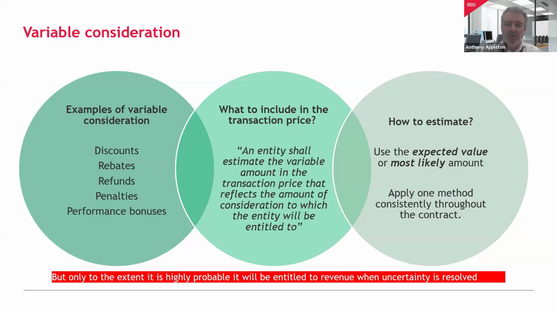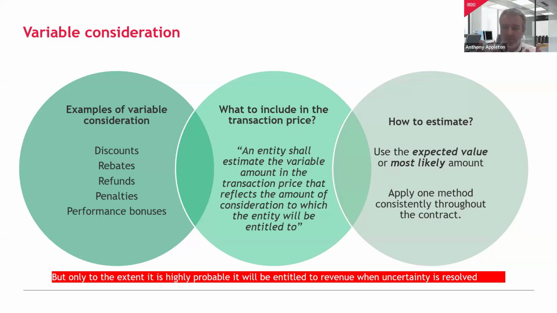And so what do we include in there? You estimate the amount in the transaction price that reflects the amount to which you will be entitled. So in other words, you make some form of estimate of the amount you'll receive. And the standard offers you two models: either an expected value approach, which would involve working out the probabilities of different levels of income, assigning a probability to each of those and working out the expected value overall, or the most likely amount.